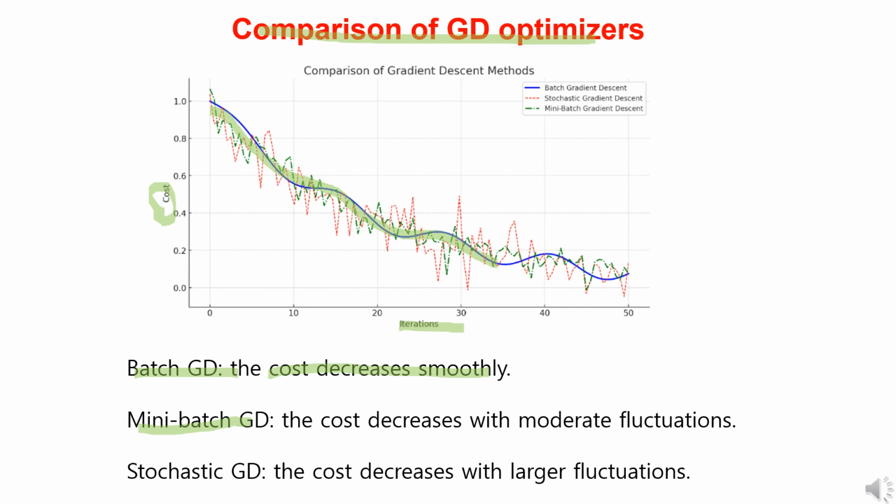This causes the cost function to decrease with some moderate fluctuations. With the stochastic algorithm, each data point provides different information, resulting in significant variability. As a result, the cost function decreases with much larger fluctuations. While it updates quickly, it can lead to more instability in the optimization process.